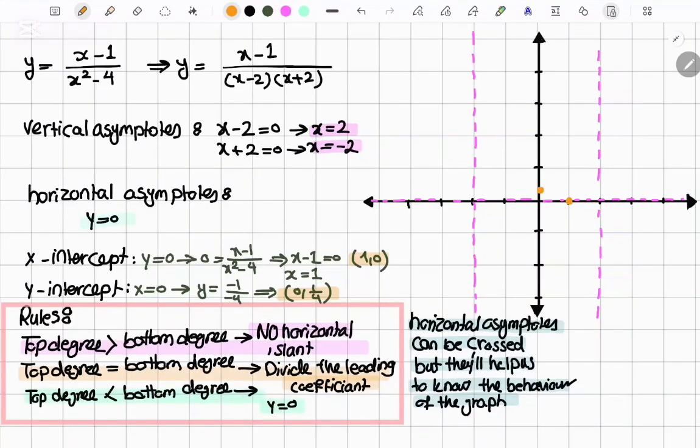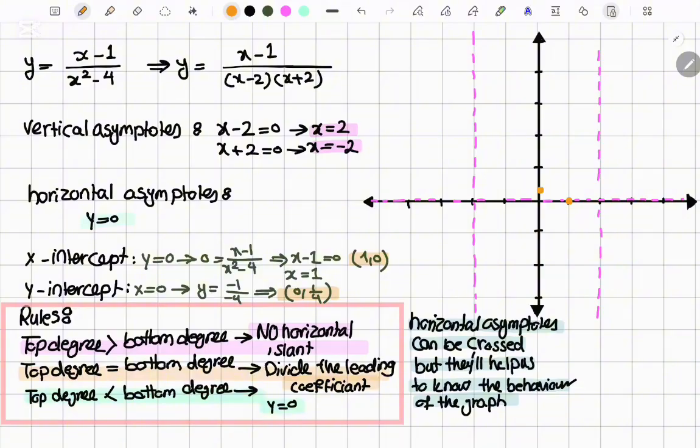Okay, as I told you in the previous video that I will link in the description box below, in order to have the best results, it's better to have your sign diagram, okay? So that you would know how the graph is moving.